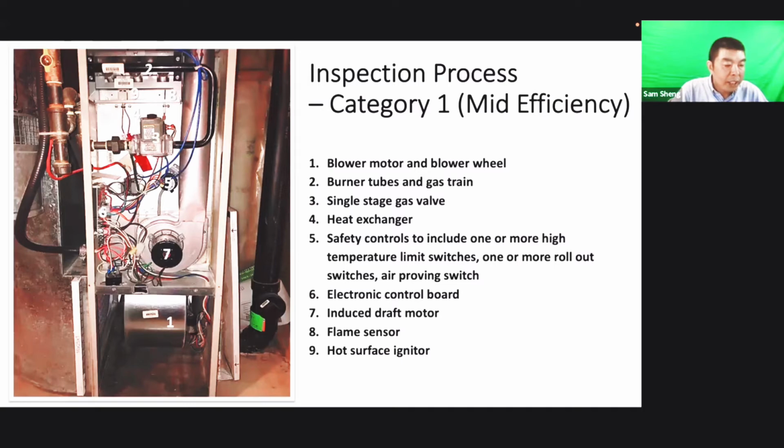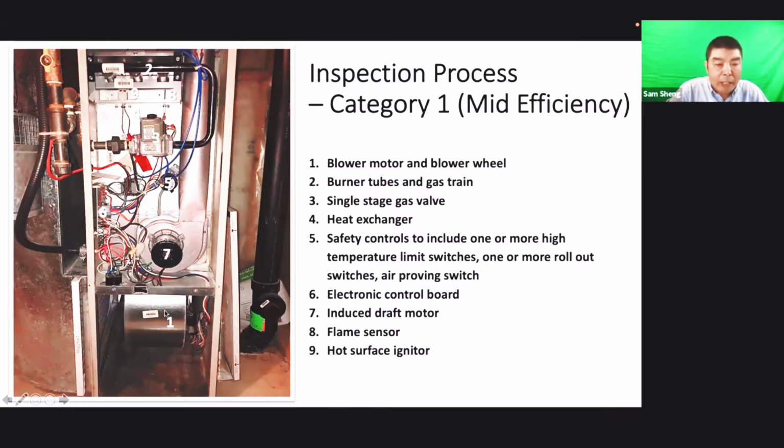So the gas valve and the heat exchanger are all the same. But there are more safety switches than the other furnace. Okay, so this mid efficiency furnace has more safety switches. Like here we can see a pressure switch, and this one should be the high temperature limit switch, and around the burner there will be the rollout switch.